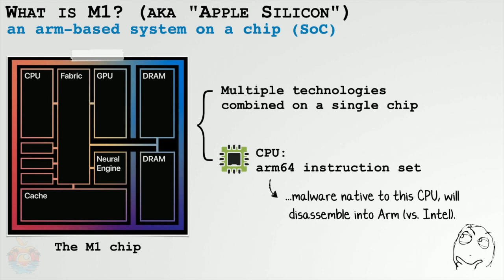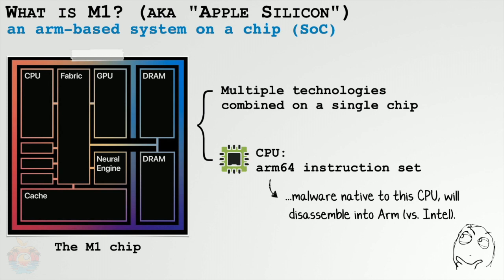So what is M1? Well, it's also referred to as Apple Silicon. It's an ARM-based system on a chip, or SoC. A SoC simply means you have a single chip that has multiple technologies combined on it. Things like the GPU, the CPU, and DRAM, which traditionally were disparate parts, have now all been combined into one chip, which is one of the reasons it's so efficient.